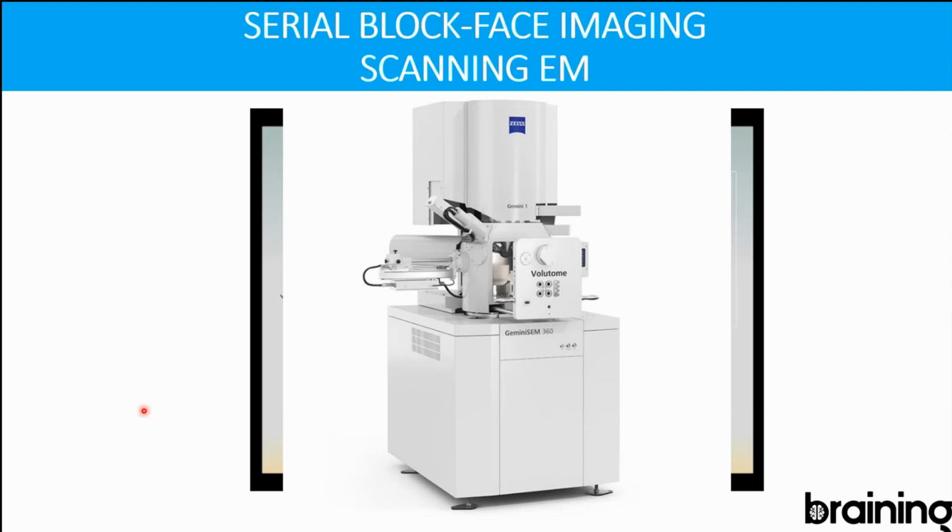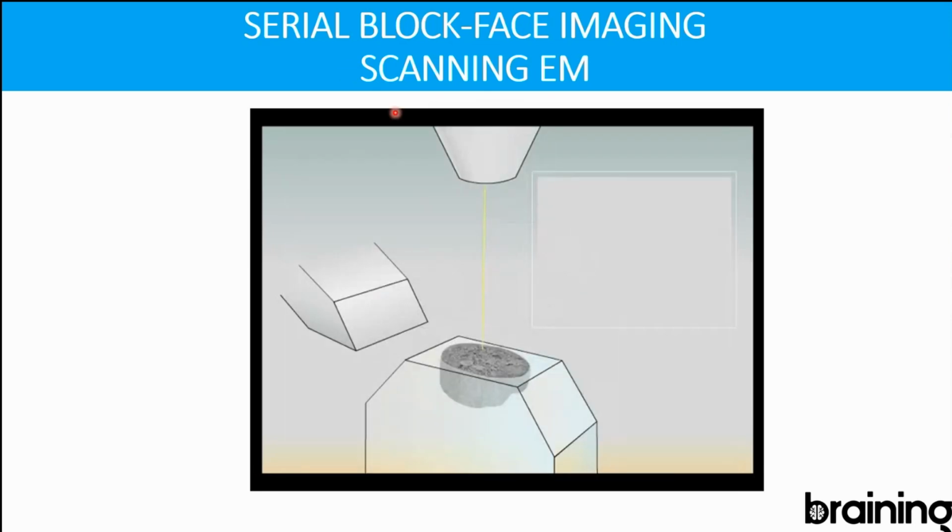Right now they have what is called the serial block face imaging scanning EM, which is going to improve all this long processing that I've been talking about. Let me show you how it works, because it's a scanning EM, but in block.